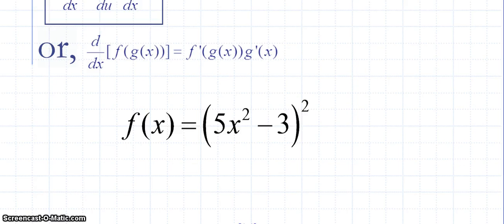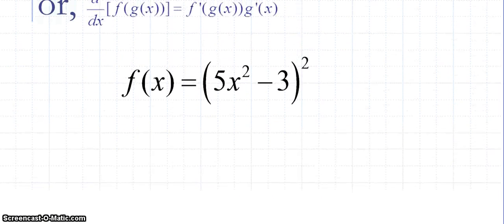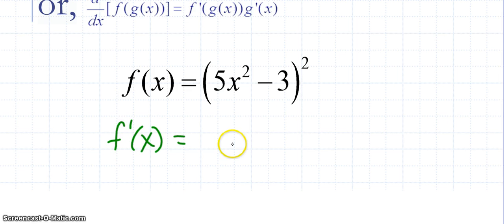If we take the same function we just differentiated, but now use the chain rule, it's going to look like this. I can go right to my derivative. The outside function is something squared, so I just do the power rule.